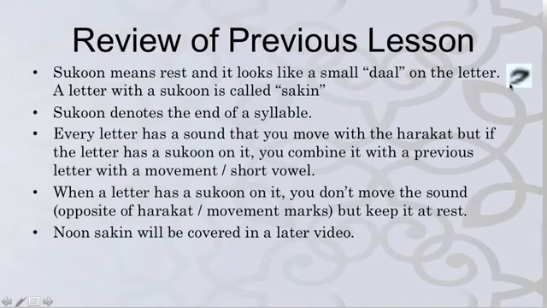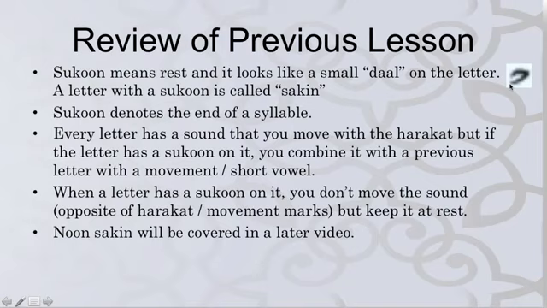And whenever the Skoon is placed on a letter, the letter is called a sakin letter. So noon sakin, mim sakin, ba sakin, so on and so forth. Whenever a Skoon is placed on a letter, it denotes the end of the syllable. So it denotes the end of the syllable, and you should stop there and end your spelling and basically pronounce out the syllable at that point.